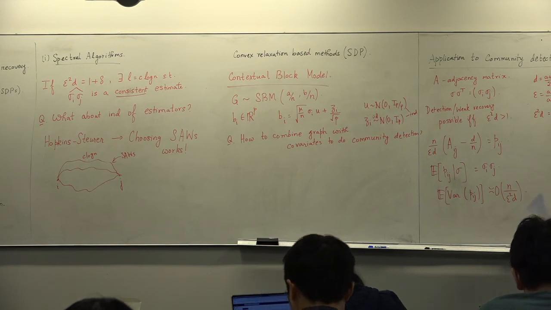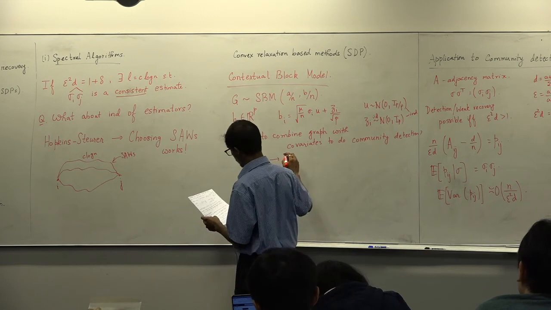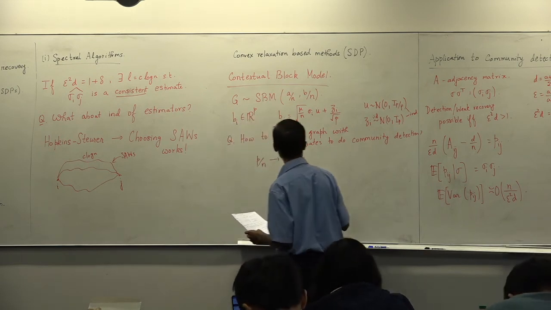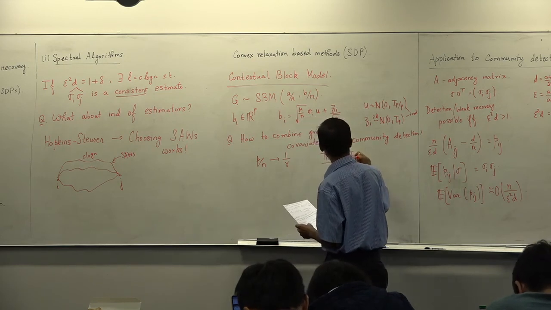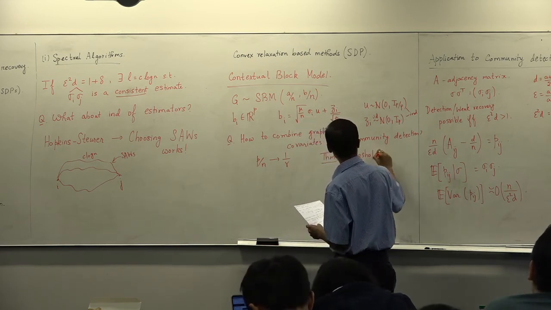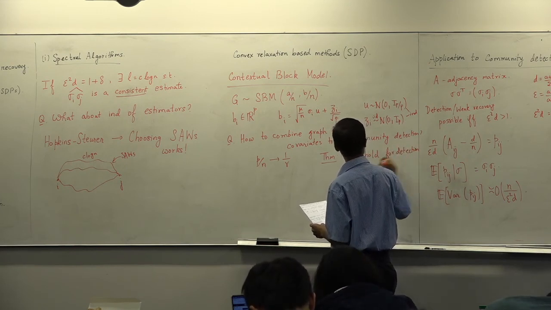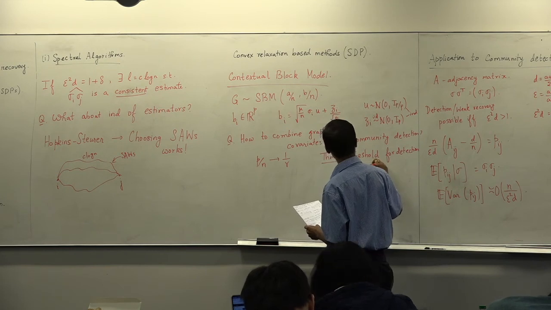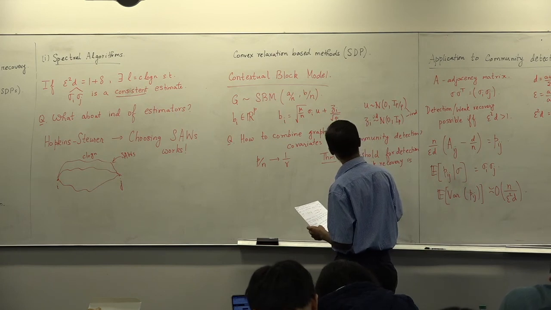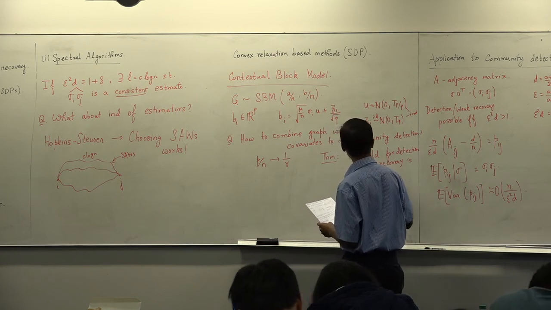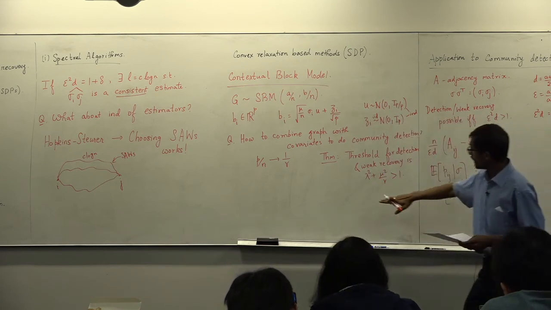I worked under this high dimensional scaling, so p by n converges to some constant 1 over gamma. Then the theorem is that the threshold for detection and weak recovery is lambda squared plus mu squared on gamma bigger than 1. Okay, so how do I get this threshold?